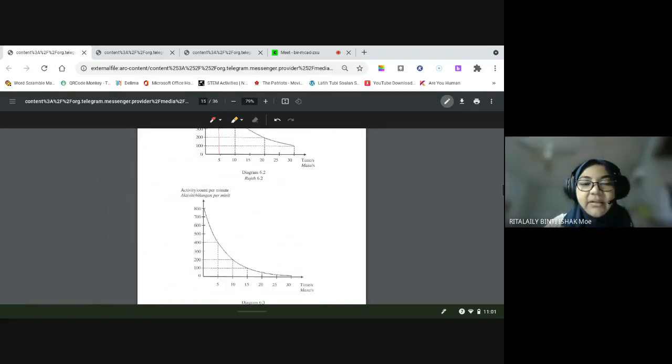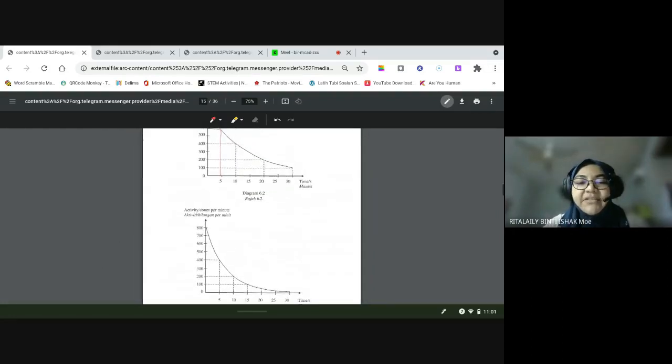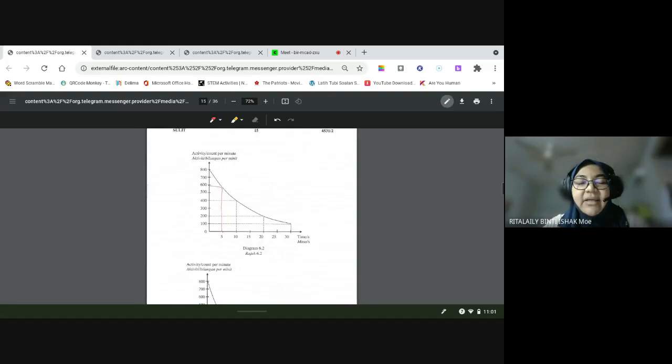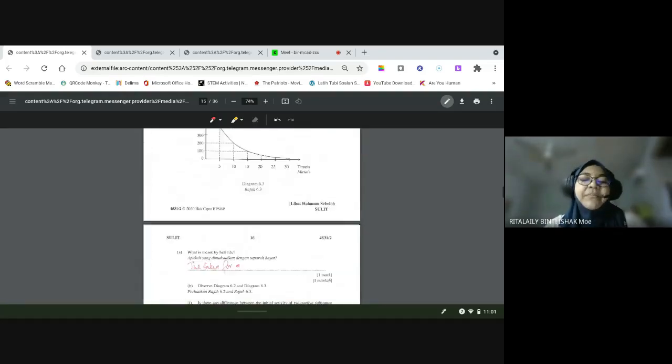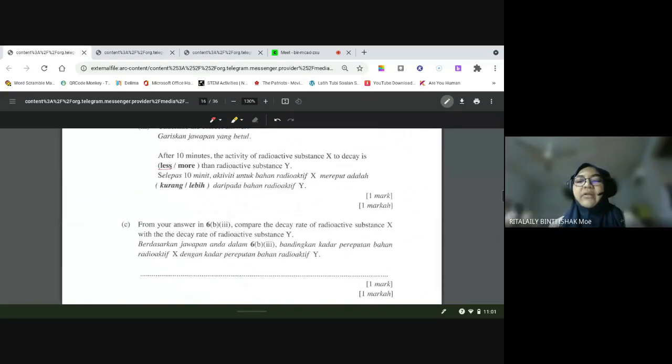Okay, so kalau perhatikan dekat sini, Y lepas 5 second tinggal 400, X lepas 5 second tinggal 600. So comparison, X is less than Y, or Y is bigger than X. Okay.